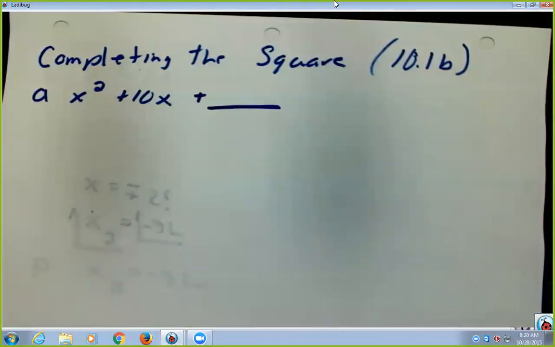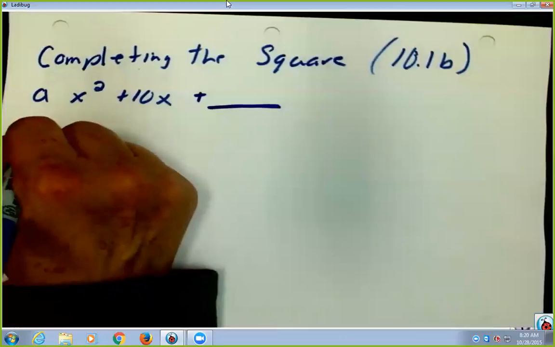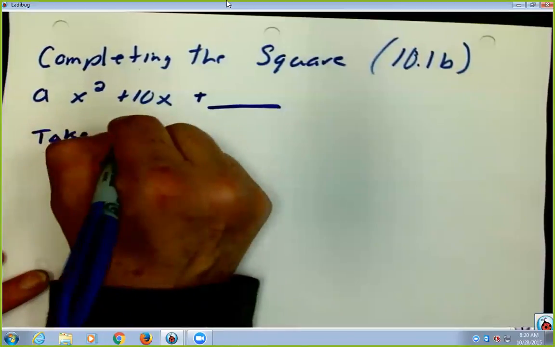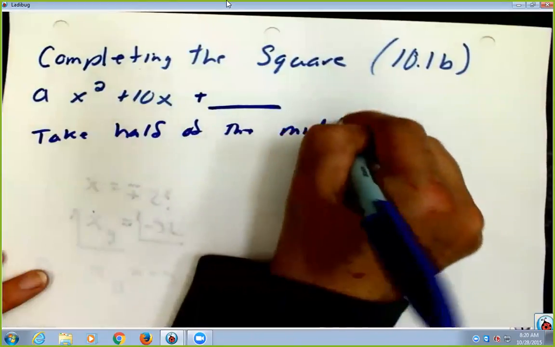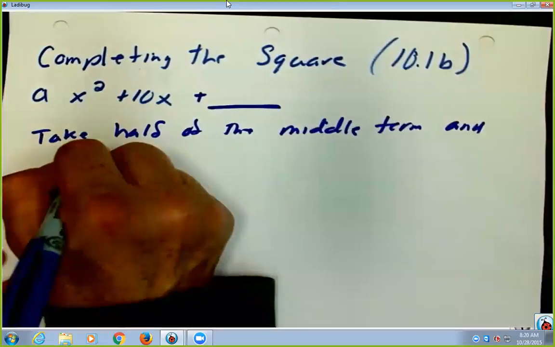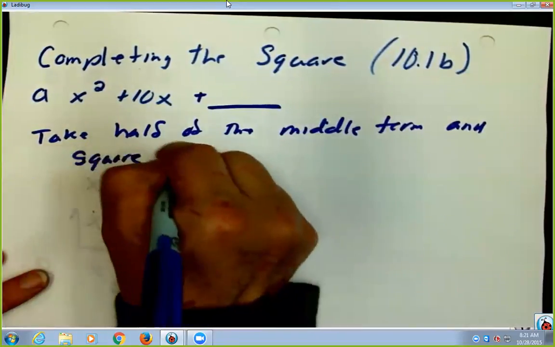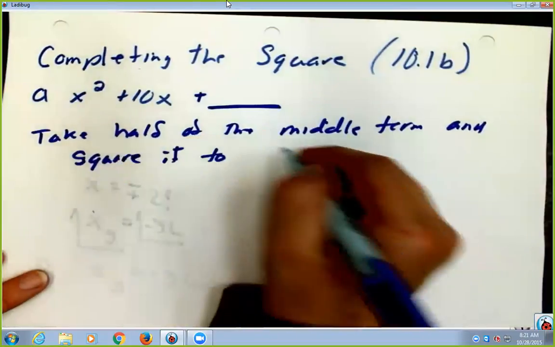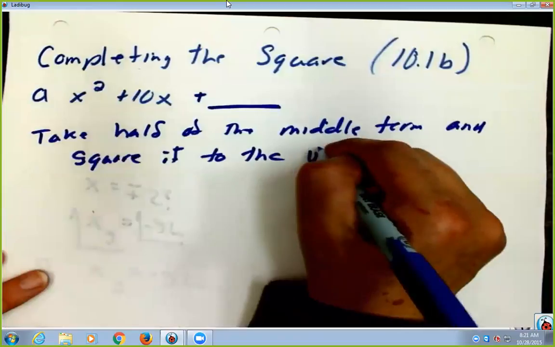If I make it a perfect square, you're going to take half of the middle term and square it to get the final term.